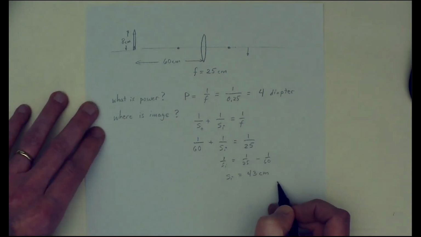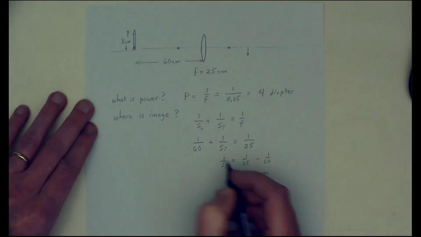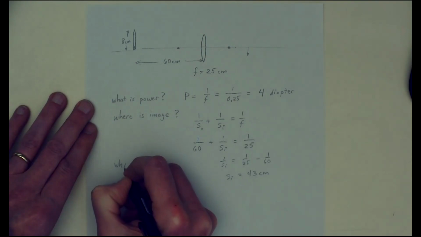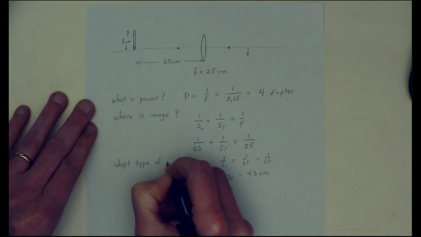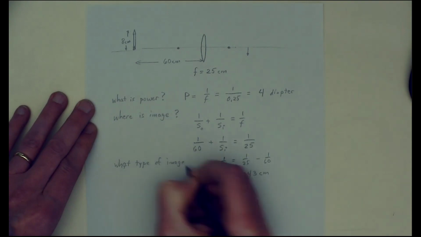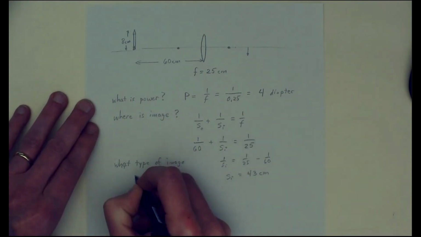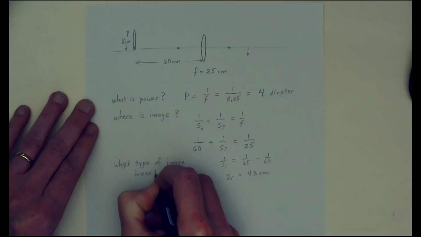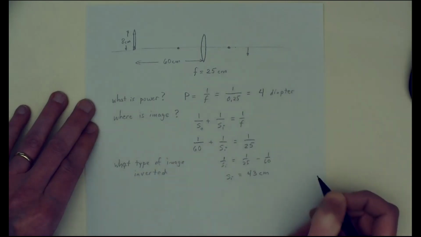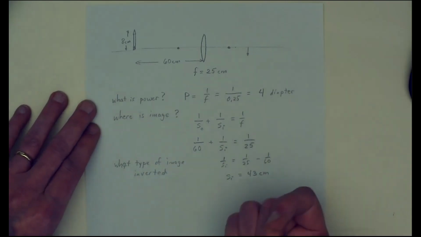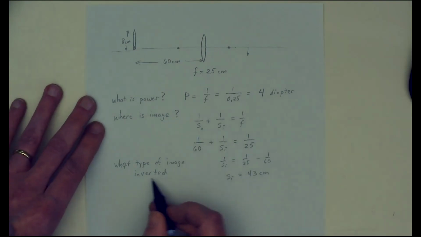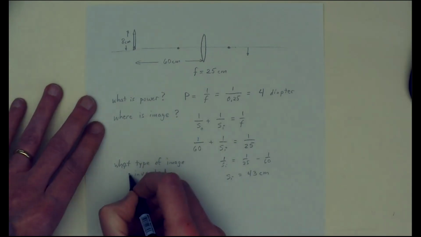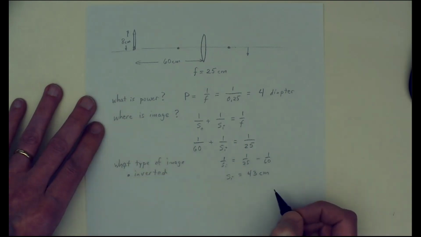43 centimeters. Now let's ask, what type of image is that? Well, you can guess that it's upside down, or inverted. When you're doing a case like this, it will be inverted. We'll see that in the formula for magnification in a moment. We'll still get a minus sign there. It's inverted. And the other question is whether it is a real or virtual image.